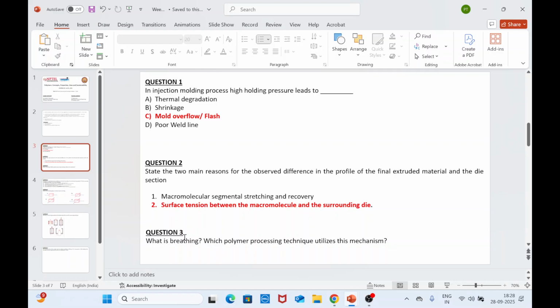This processing is not for extrusion, or you can say injection molding. It is something that we talked about in thermoforming, compression molding, or rotational molding.